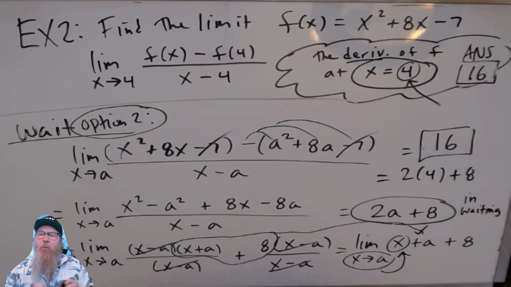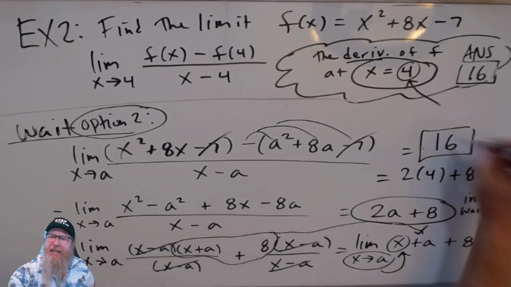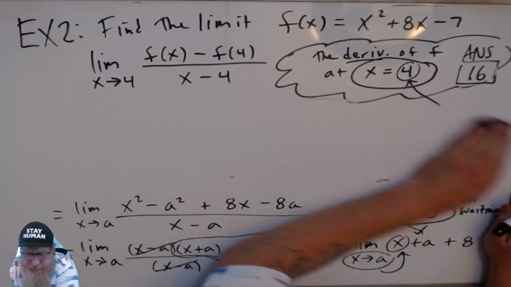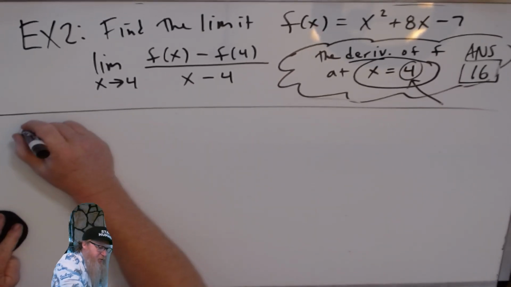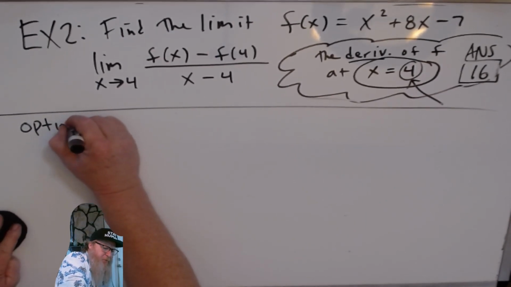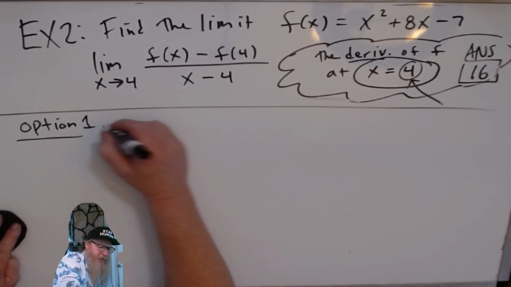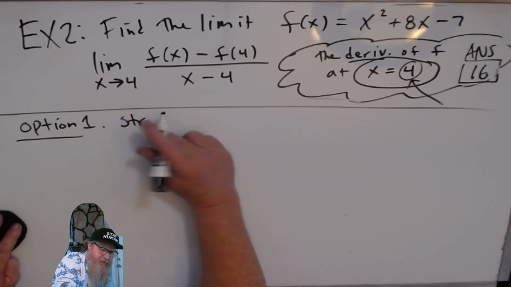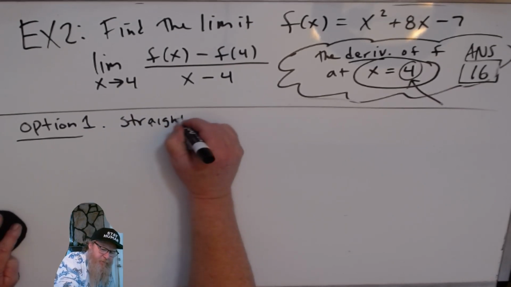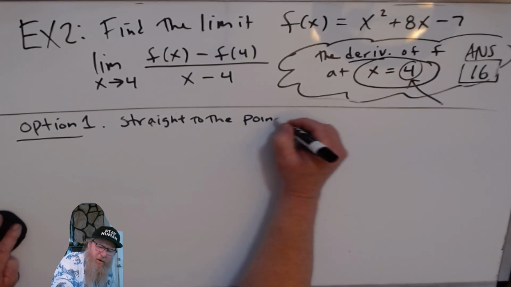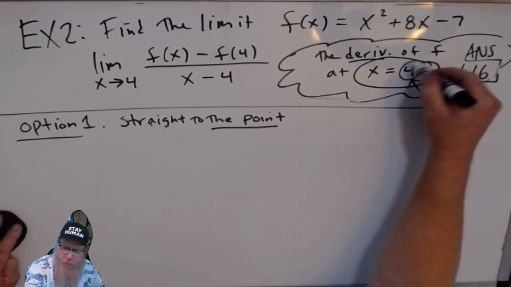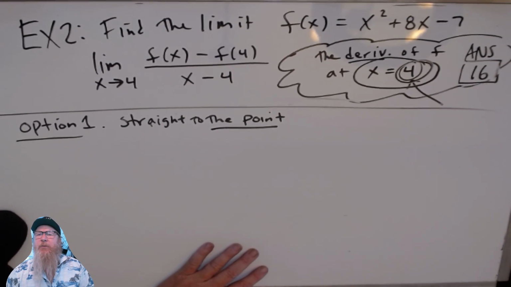Now, maybe you don't want to wait, right? Maybe you just want to get to that 16 quicker. So option 1, I did option 2 first, straight to the point. And literally, we mean straight to this point right there when x is equal to 4.